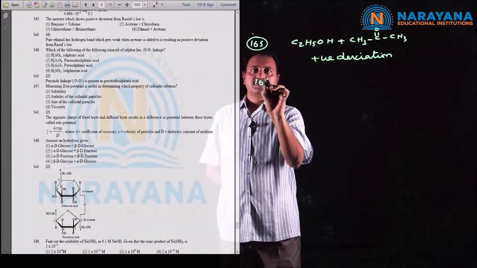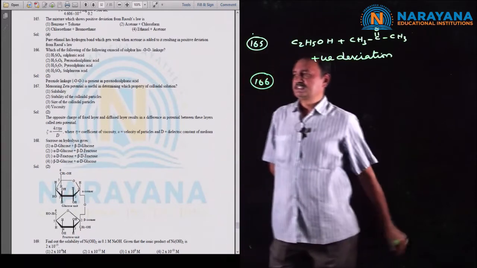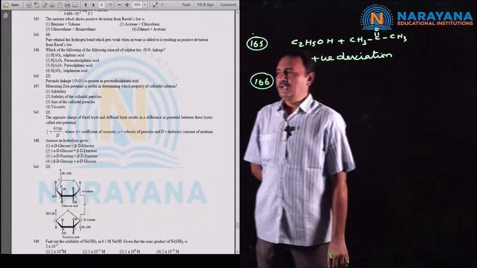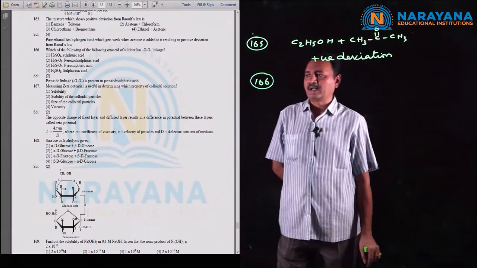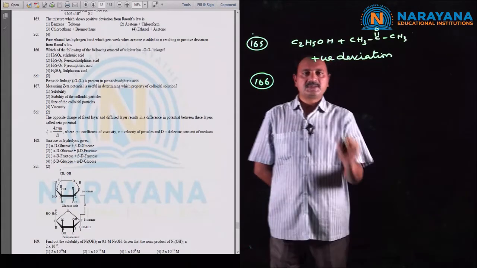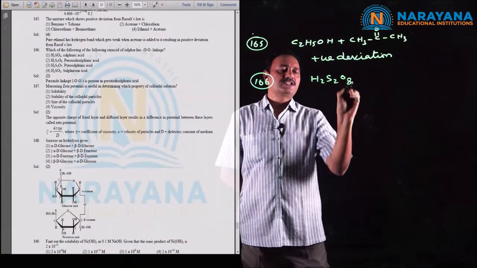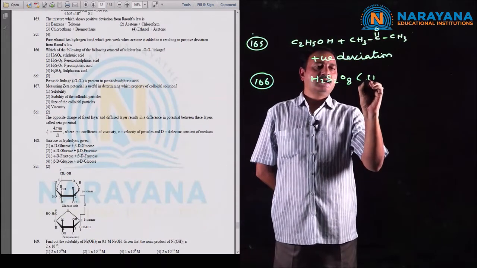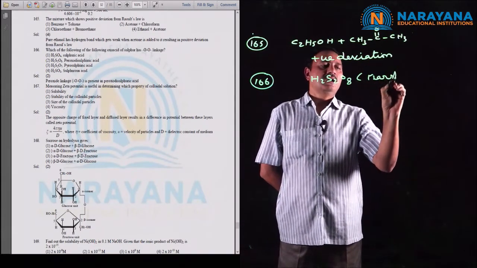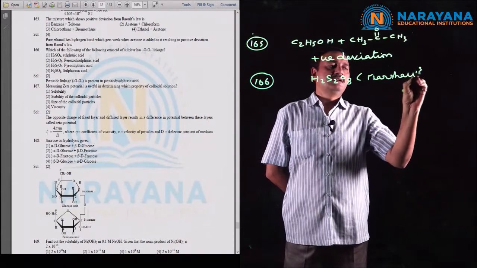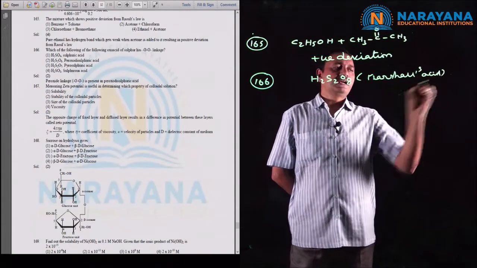Next, question number 166. Which of the following oxo acid of sulfur has peroxy linkage? Let us consider H2S2O8, Marshall's acid, also known as peroxy disulfuric acid.